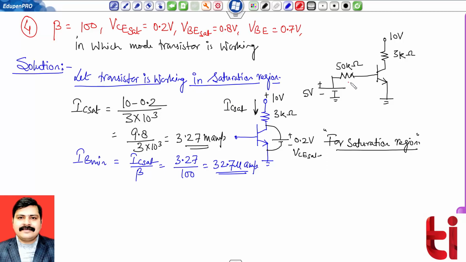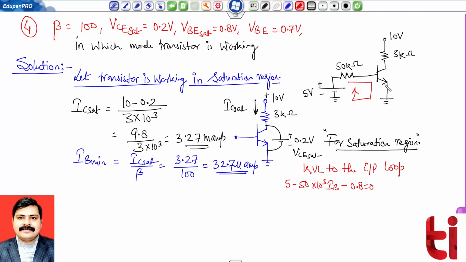Now let's verify. Apply KVL to the input loop. We will have 5 minus 50 into 10 raised to power 3 IB minus 0.8 equals 0.